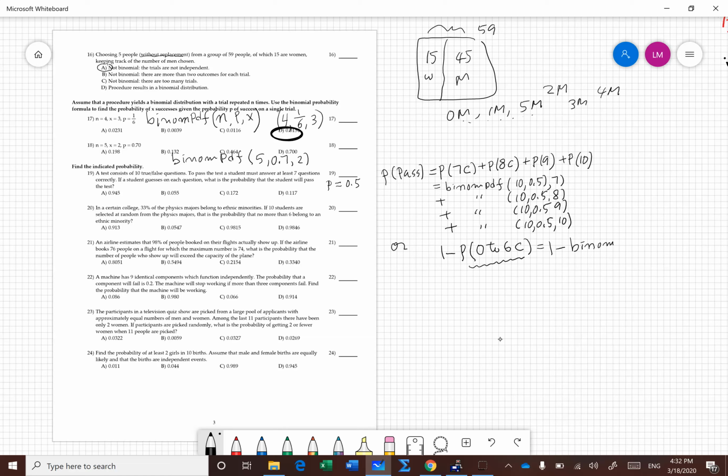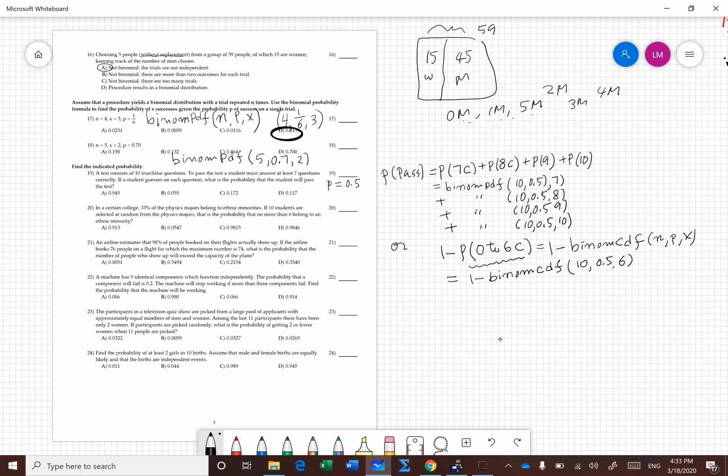Binom CDF, the one next to it. Then n, p, x. So that means 1 minus binom CDF, you get 10, 0.5, and then up to what, 6.